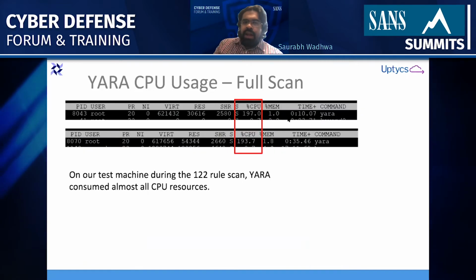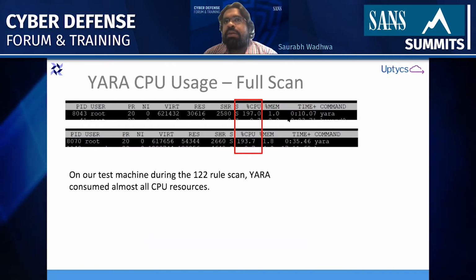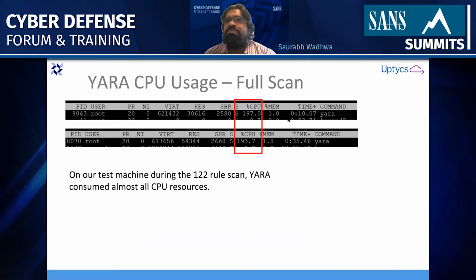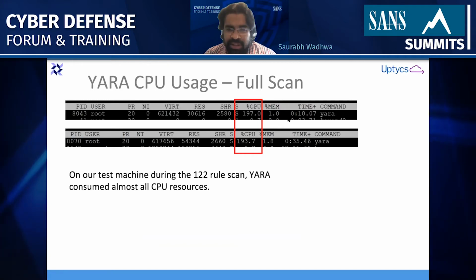In our case, when we ran a standalone YARA application and scanned 122,000 files, the CPU utilization was pretty high. As you can see in the highlighted box, it was close to 197%.